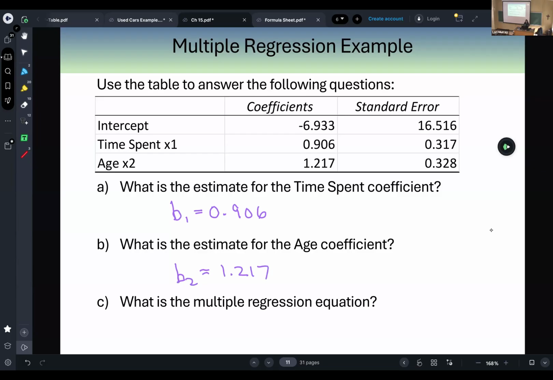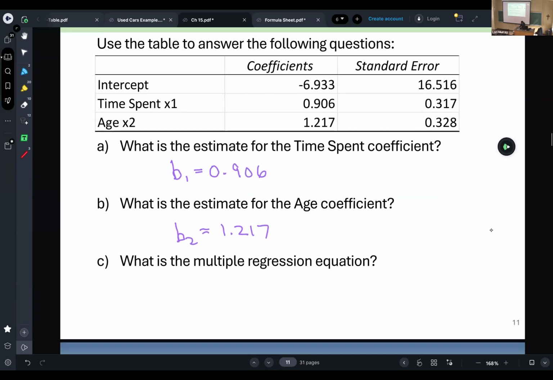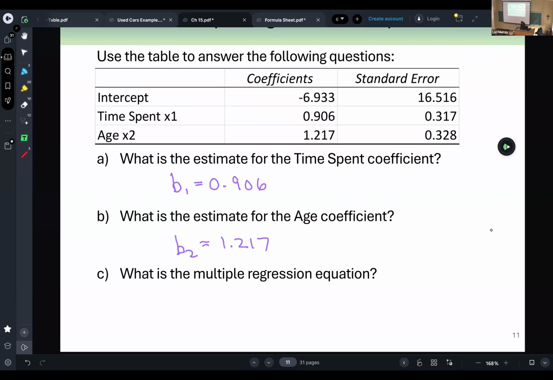And then it's asking, what is the multiple regression equation? You can write sales with a hat, because that's our Y, equals beta naught plus... Actually, we have beta naught, don't we?